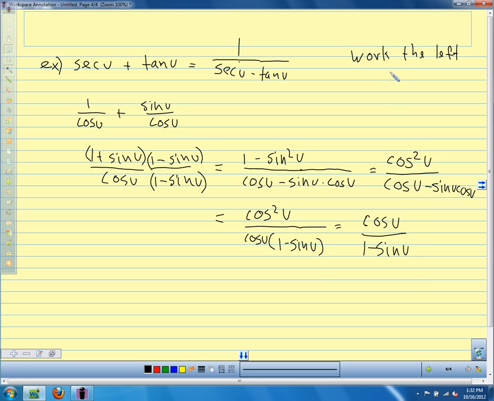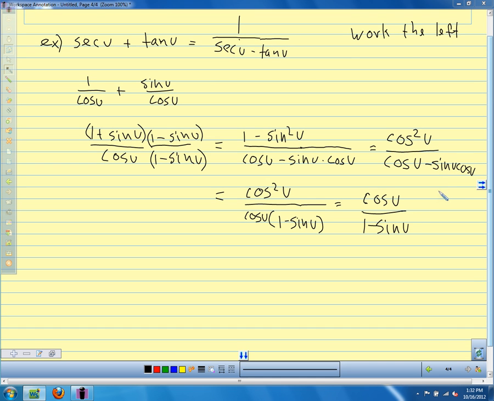So instead of working the left side, let's work the right side. I'm not sure this is going to lead me where I want to go, so let's turn around and work the right side. Sometimes that happens with these trig identities.